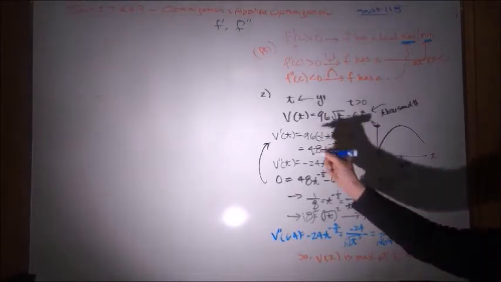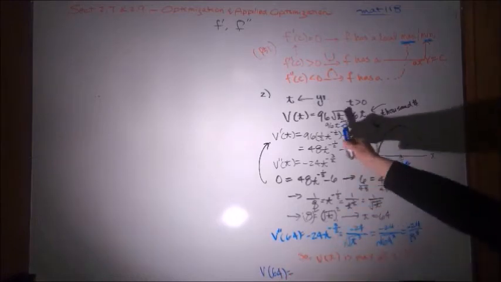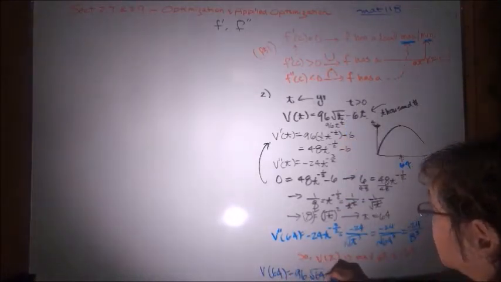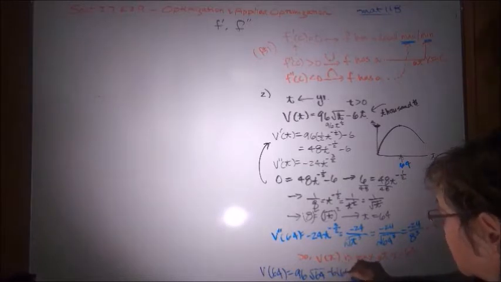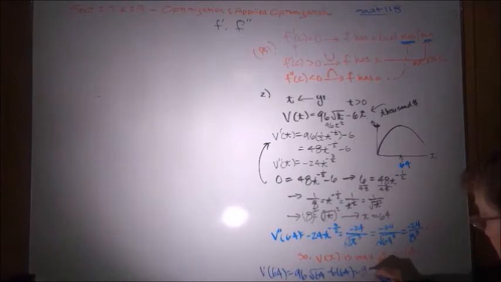So you plug in V of 64: 96 square root of 64 minus 6 times 64. According to this model, you will have 384.